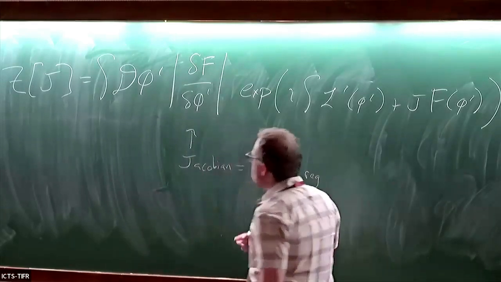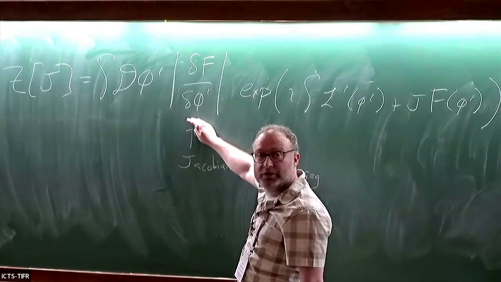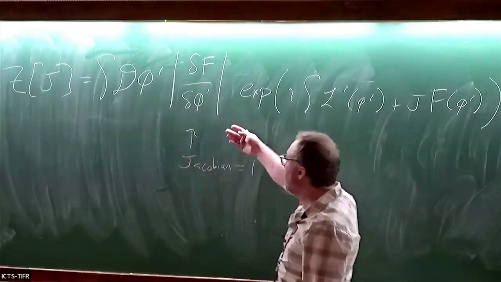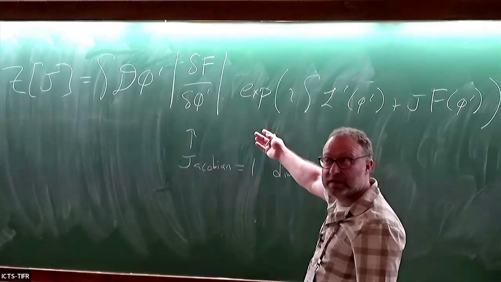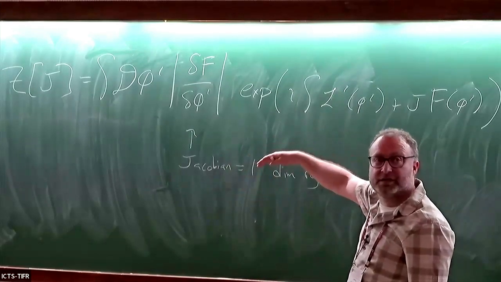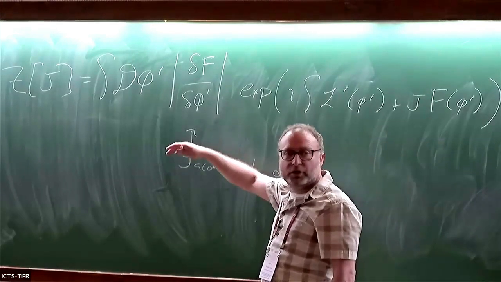And this is just kind of a technical thing. By the way, this same Jacobian leads to the anomaly in the Fujikawa treatment, if you're familiar with that. This is something that appears in textbooks in a different context, but in doing just these standard field redefinitions, this basically is going to give you some stuff that you can exponentiate.